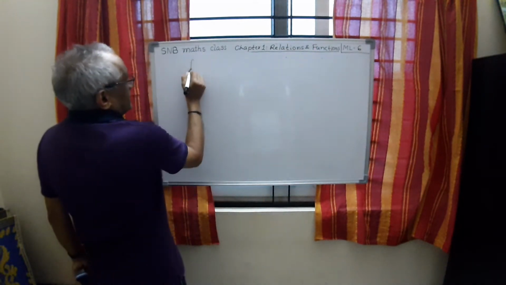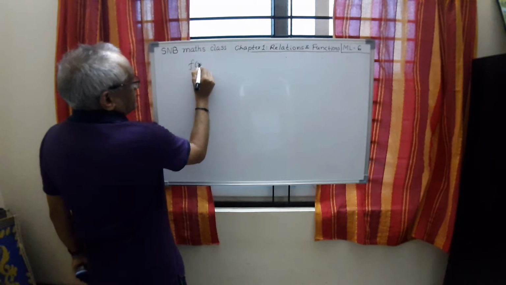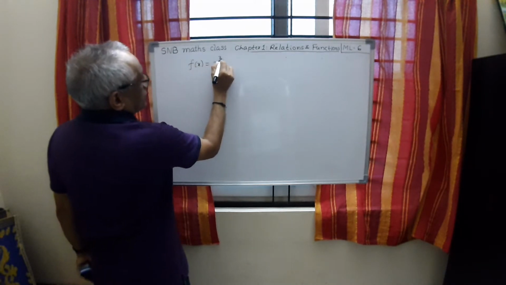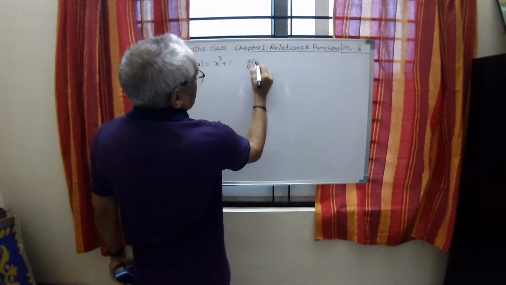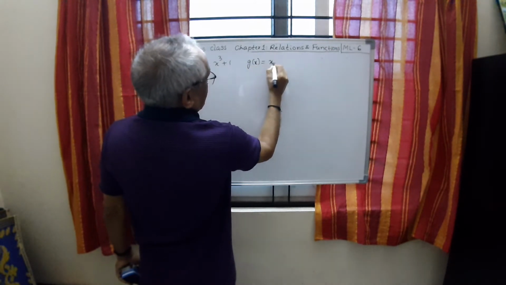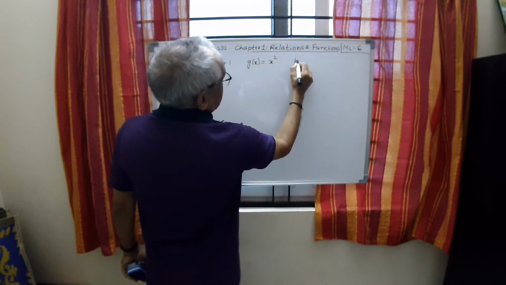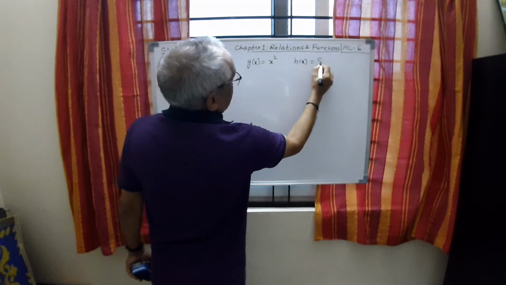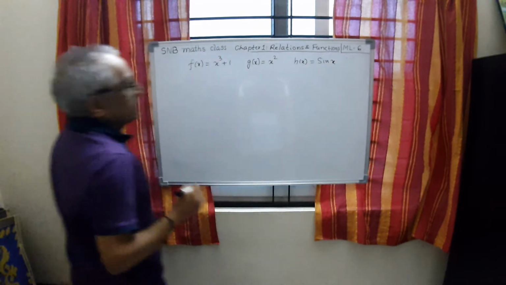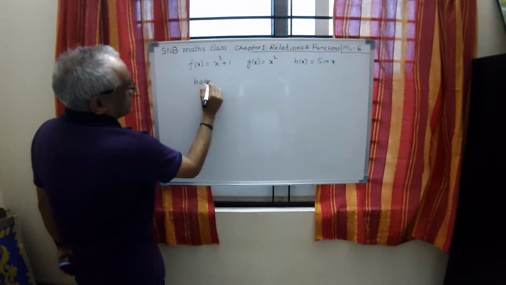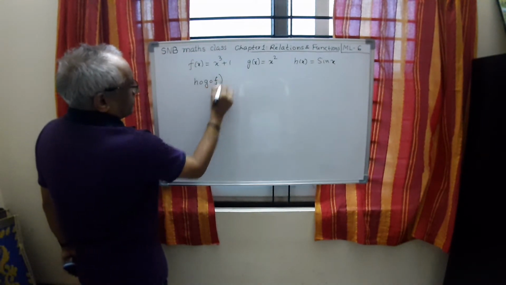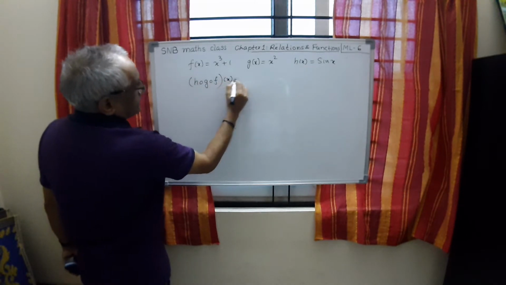Let us say f of x equal to x cube plus 1, g of x equal to x square, and h of x equal to sin x. Then we can write, for example, h of g of f of x.